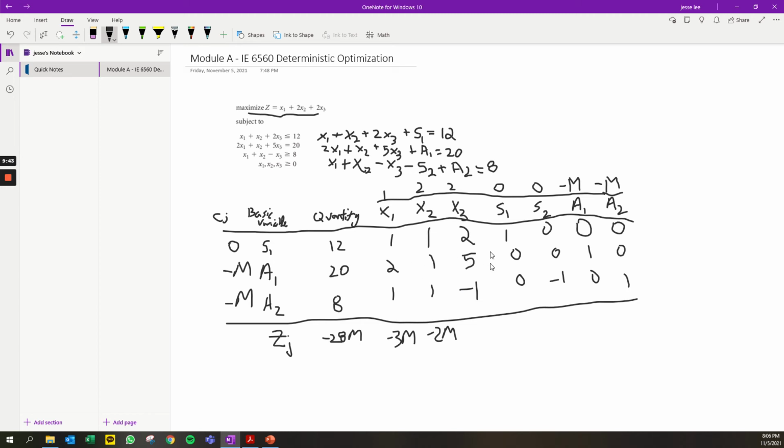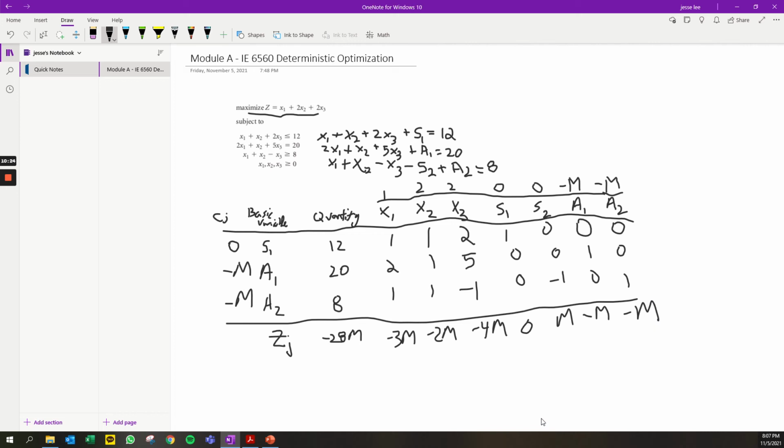So minus 5 plus 1m is negative 4m, and then 0, 0 is 0. 0 times negative m is 0 plus negative m times negative 1 is m. And then negative m plus 0 is negative m. And then 0 times 1 plus 1 times negative m is negative m.